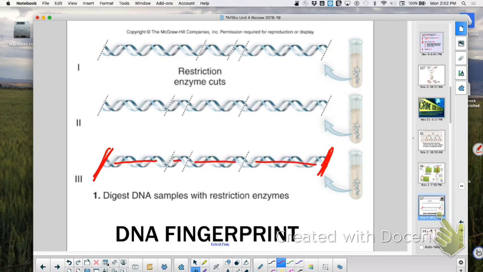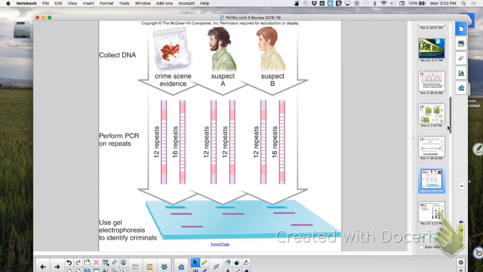Do you see that? Whenever you take your section, if I have this piece of DNA and I cut it in 2 places, then really I have 1, 2, 3 sections, right? And that's what I would look for in my gel banding. Okay? And we talked about that.